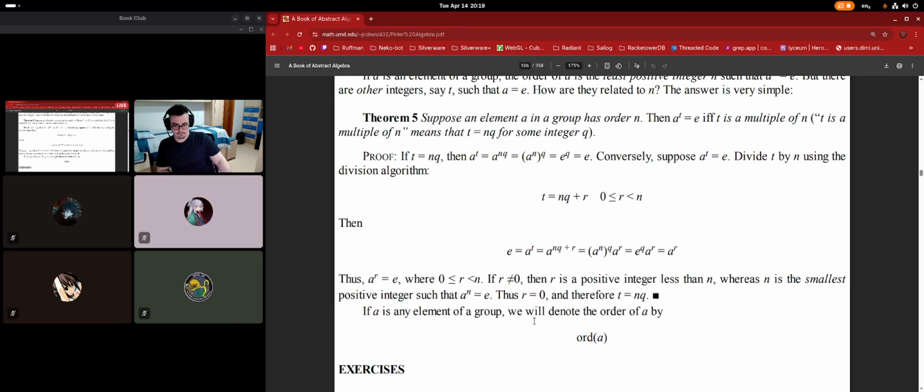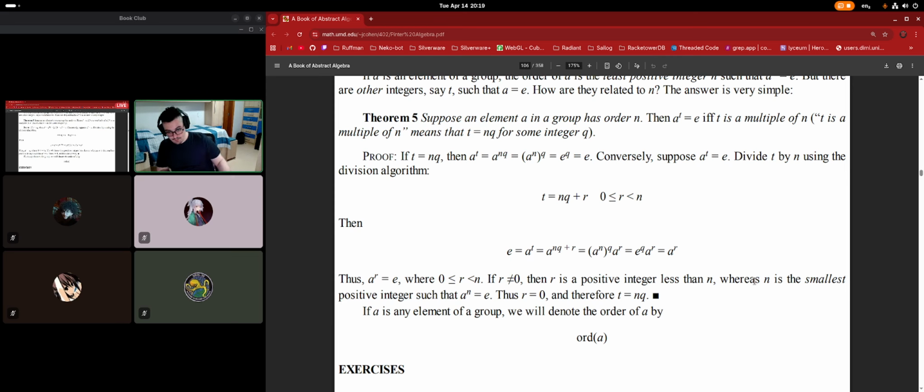If r is different than 0, then r is a positive integer less than n, where n is the smallest positive integer such that this is true, which is impossible, right? Because by definition, r cannot be a positive integer smaller than n for which this holds, because we know that n is the smallest positive integer for which this is true.